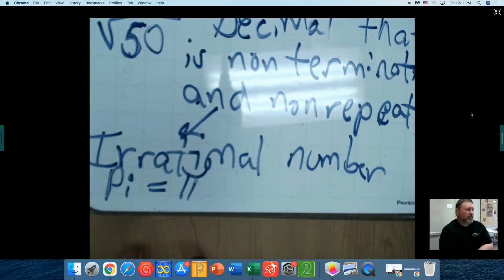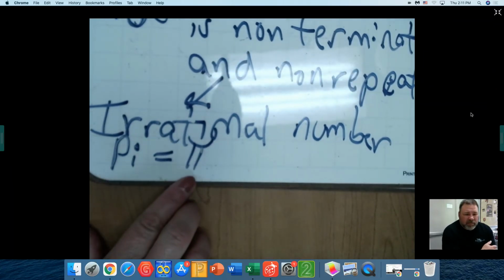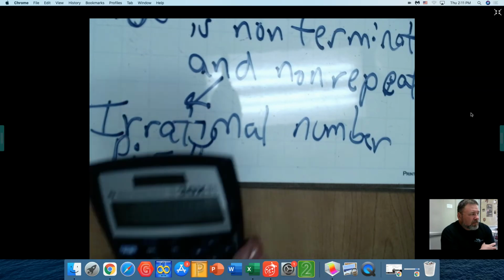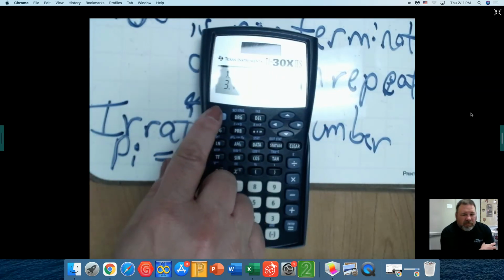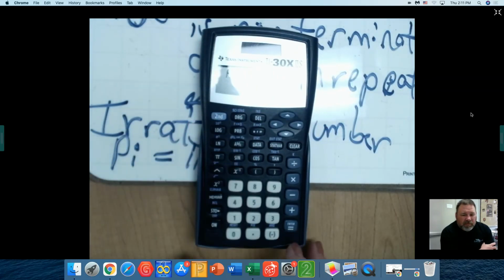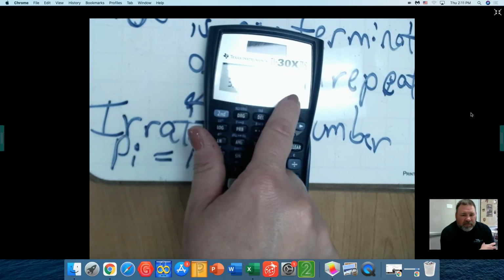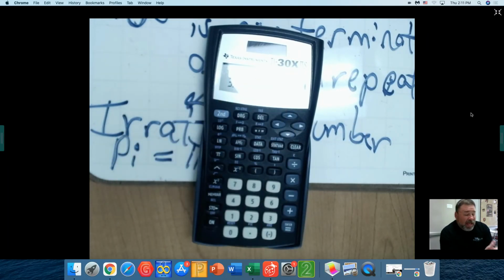So pi is another one of those strange numbers where it's a decimal that you cannot turn back into a fraction. Because if I try to use the calculator and cheat again, it's going to spit right back out that decimal because it can't do it. And Ms. Powell, pi is actually the most famous irrational number. When you think about irrational numbers, pi is going to come up because pi is always non-terminating and it's never repeating.